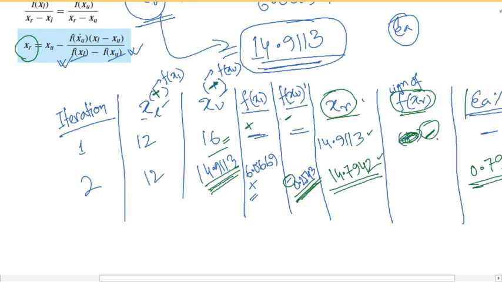So if you use the regular falsi method for a computer, in most cases it will take the least amount of time, or at least less time with respect to the bracketing bisection method we have discussed before. So I think you don't have any confusion regarding this sign anymore.